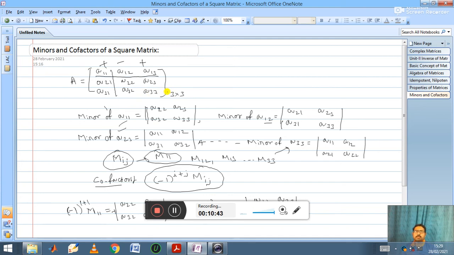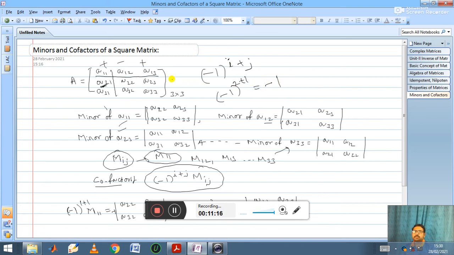Because this plus minus plus comes due to the definition of cofactor, because the cofactor definition is minus 1 power i plus j. If you verify, suppose you write the cofactor of A21, that means minus 1 power 2 plus 1, which gives minus 1 power 3, a minus sign.